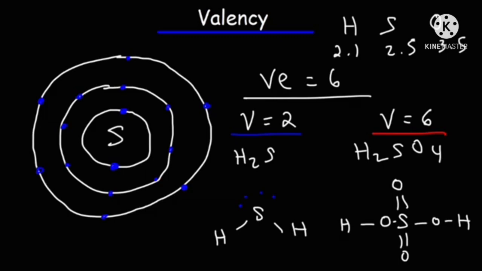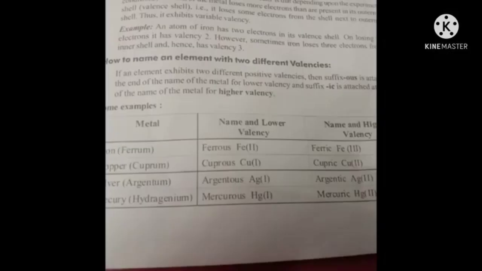Based on these valency numbers we are giving names to the elements. See here I am showing you the page in the textbook. For low valency numbers we use the suffix ous. For a higher valency number, the name of the element is given the suffix ic at the end.